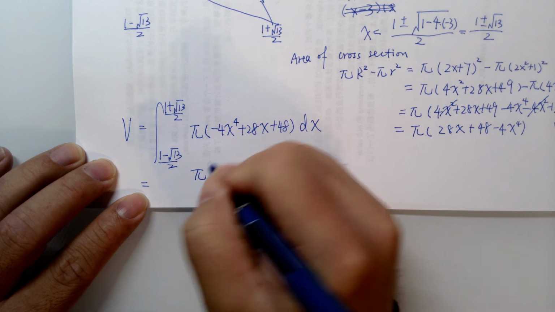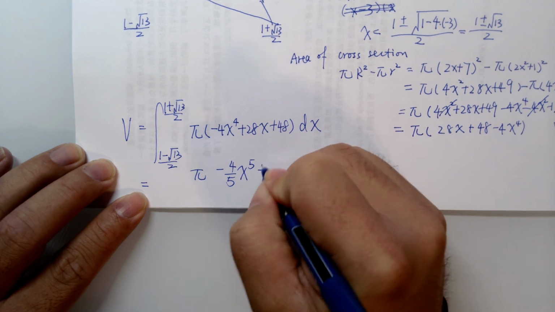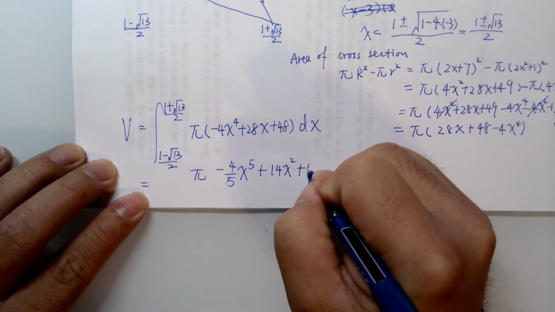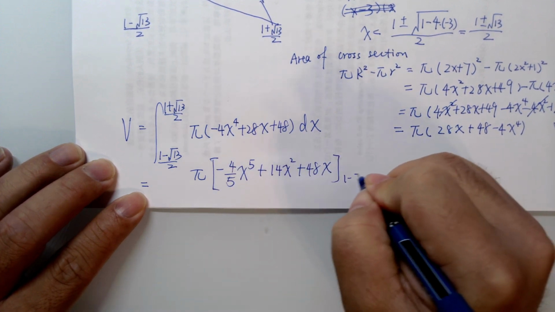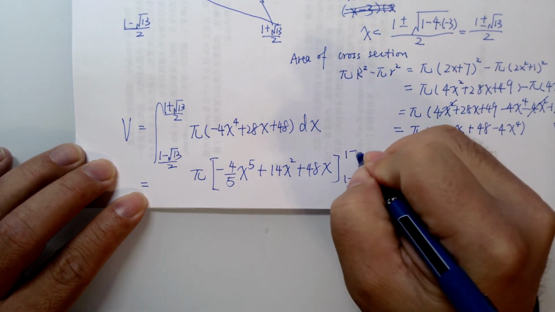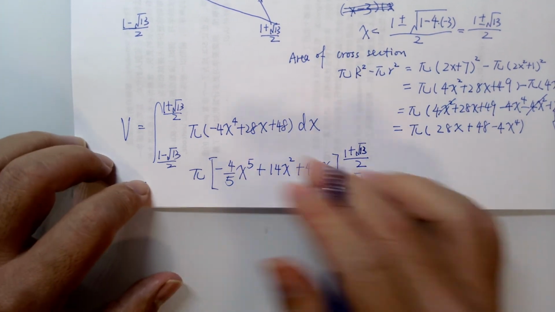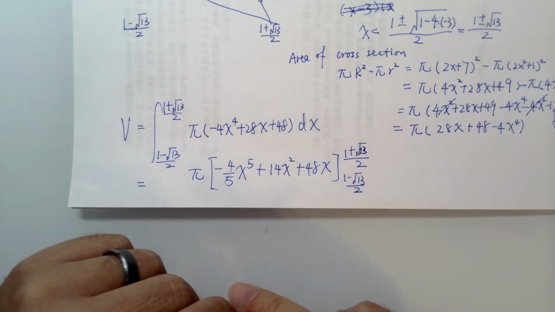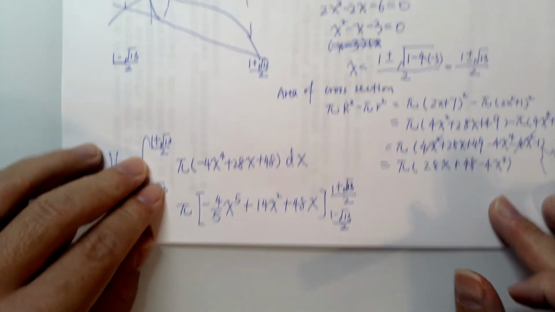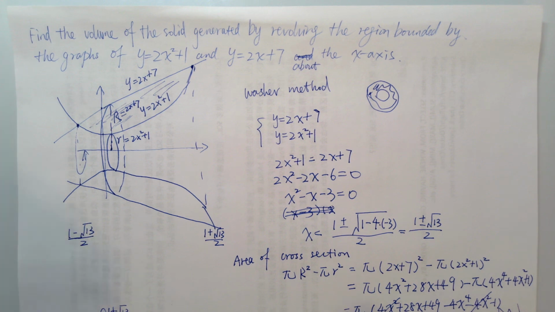It's going to be pi times negative 4 over 5 x to the 5th plus 14x squared plus 48x, evaluated from 1 minus the square root of 13 over 2 to 1 plus the square root of 13 over 2. After that you can just plug in and finish the evaluation, okay? But the main thing is how to set up this problem and handle it. So hopefully you know how to handle this, and thank you for watching.